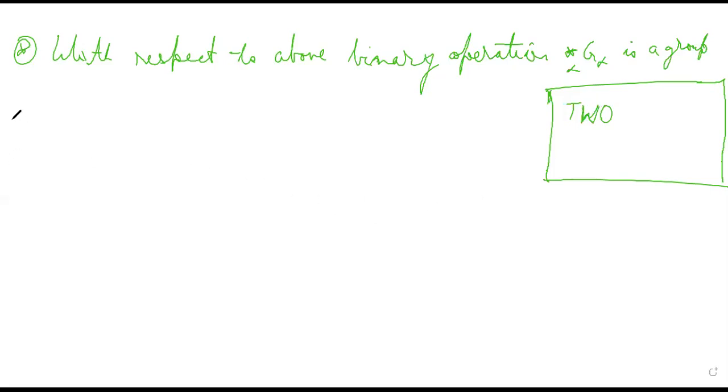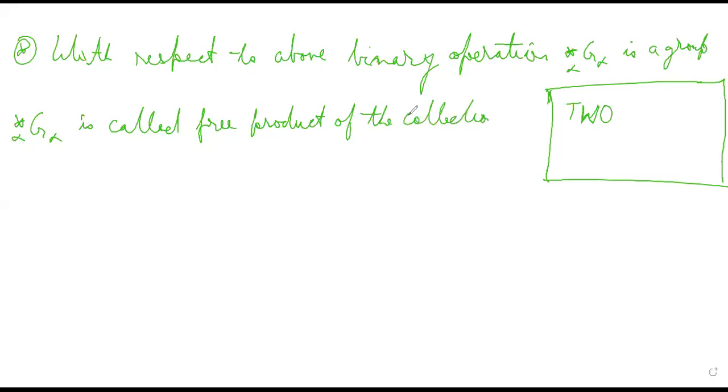So this star alpha G alpha is called the free product of the collection of groups.